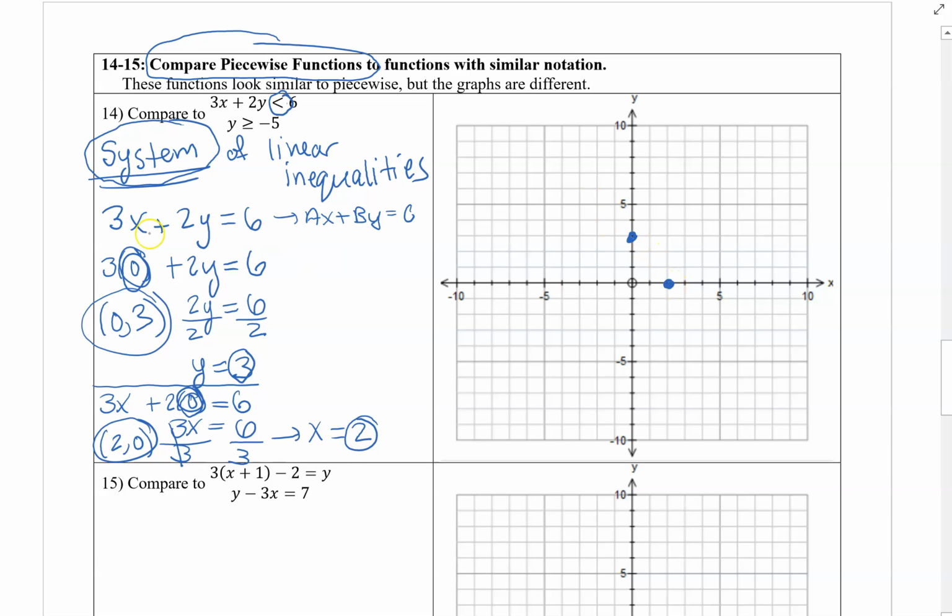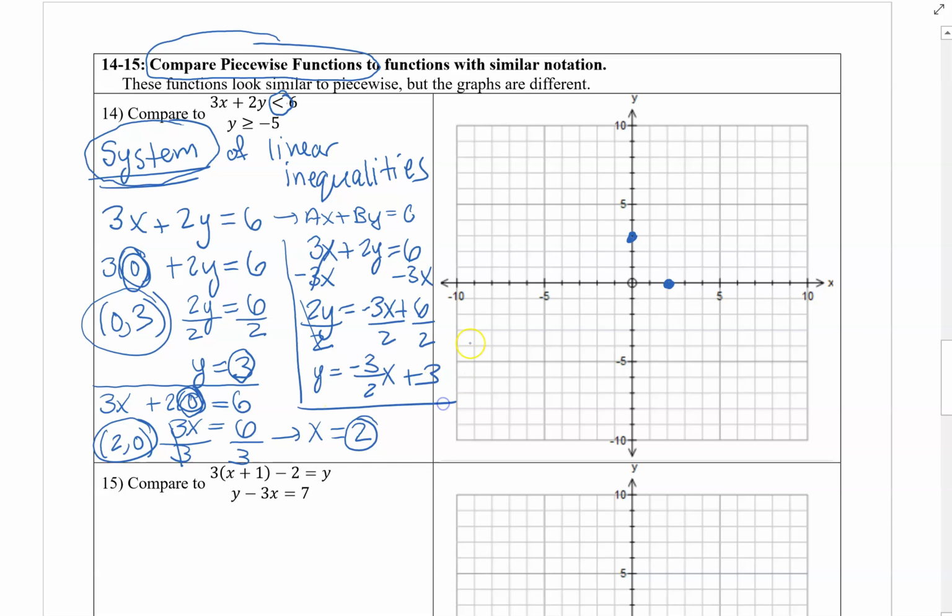Another thing you can do with standard form equations, another option, is to solve for y to get it into slope-intercept form. So I could subtract 3x from both sides and then divide each piece by 2. And the benefit of doing that is then you can see what the slope is. So it's nice to know what that is.